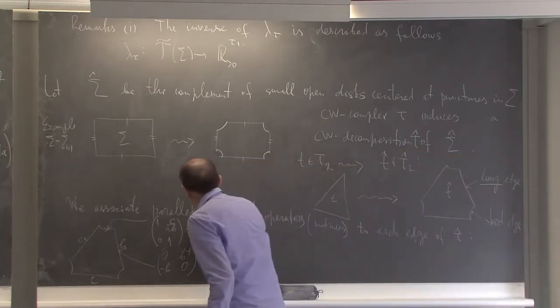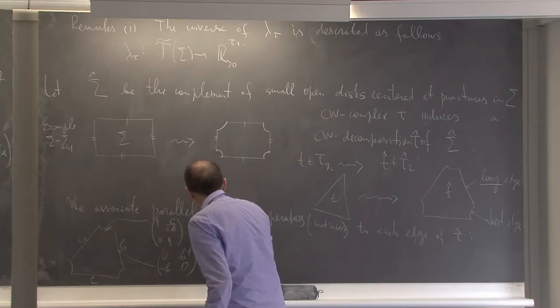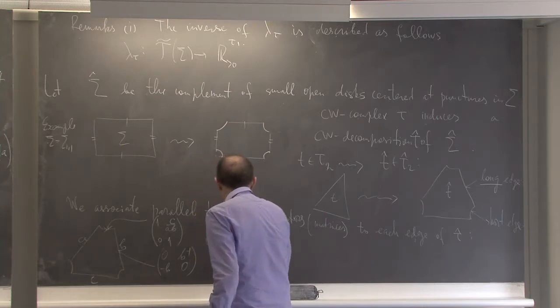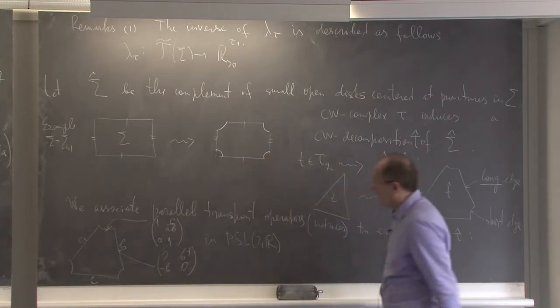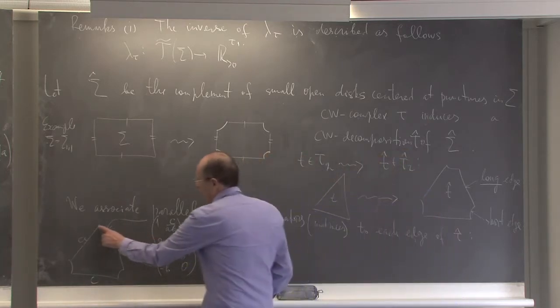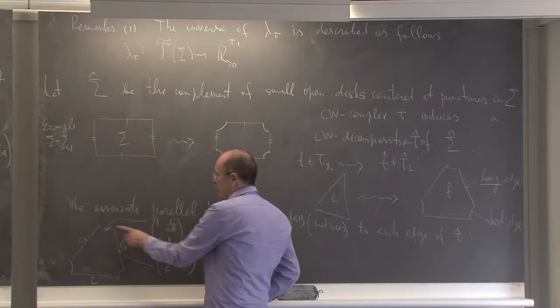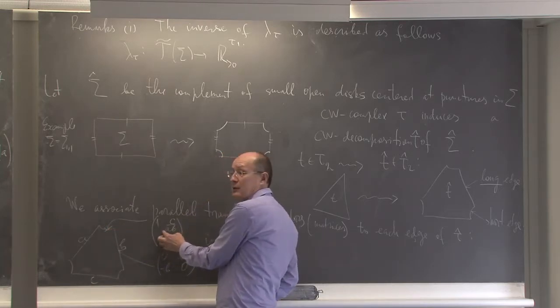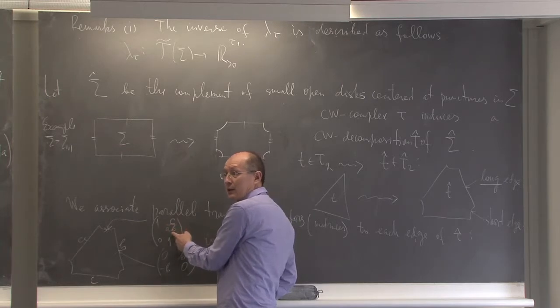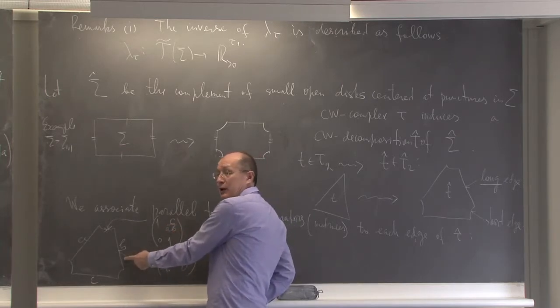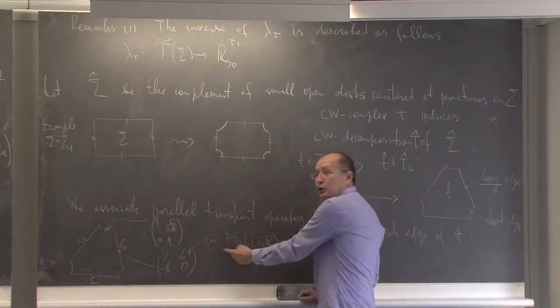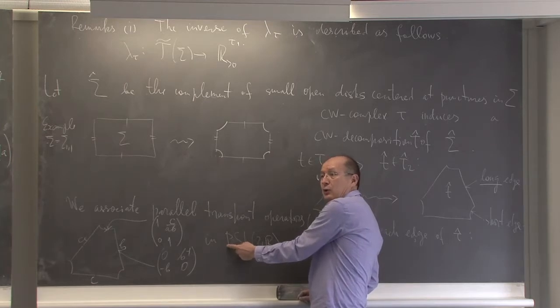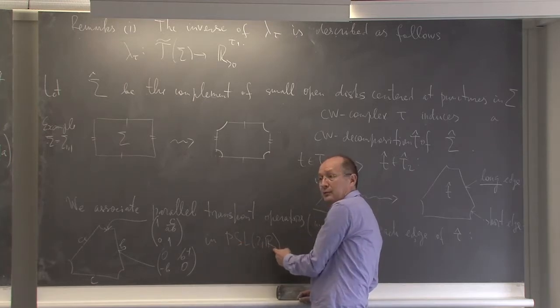And this should be thought of as elements of PSL2R. And for example, here I specify the orientation, because the inverse of this matrix is not equal to itself. But here I didn't specify the orientation, because the inverse of this matrix is the same matrix up to sign.